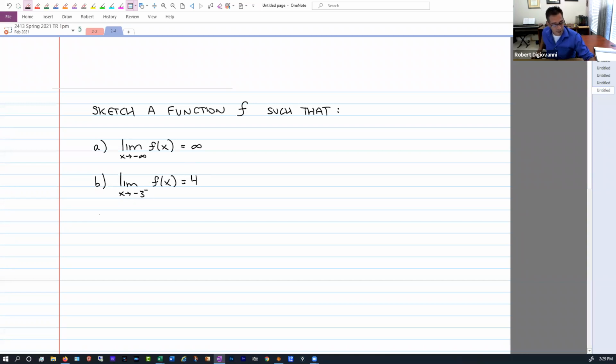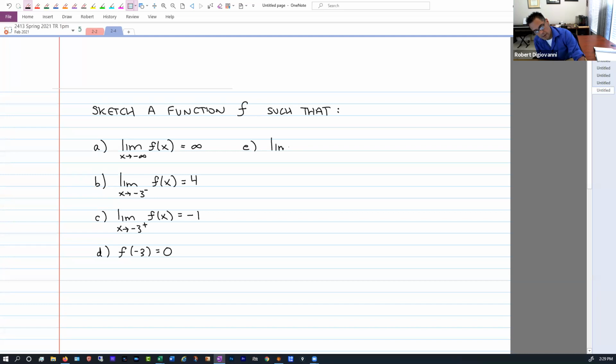I'm going to write a lot of things down here. The limit as x approaches -3 from the right of the function, I want that to be -1. I want f of -3 to be 0.